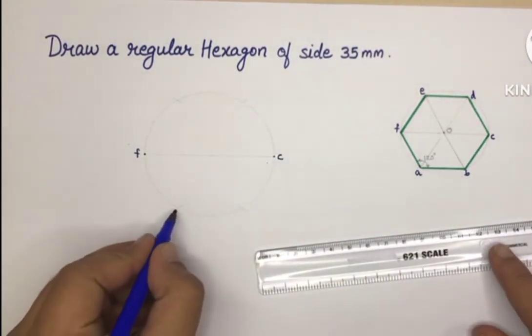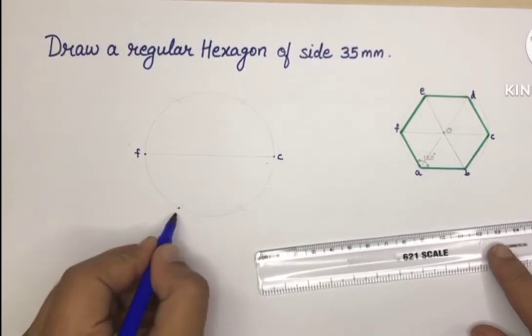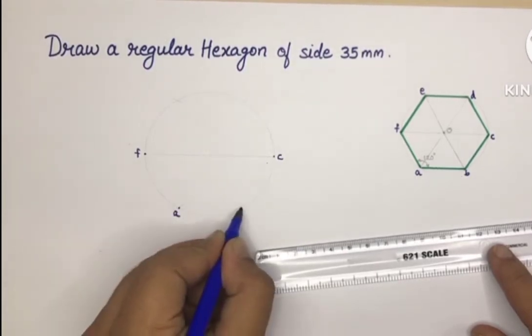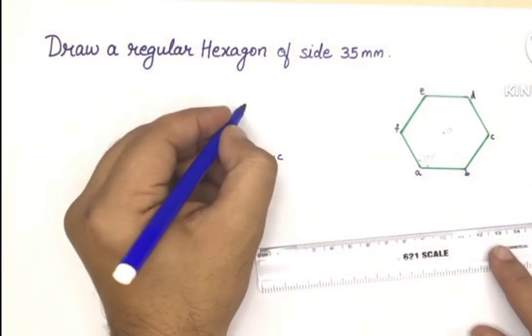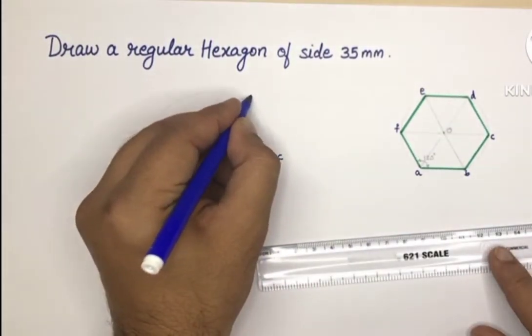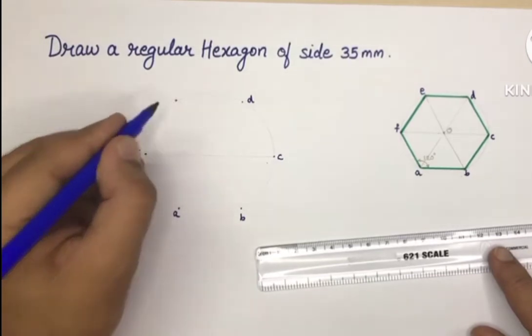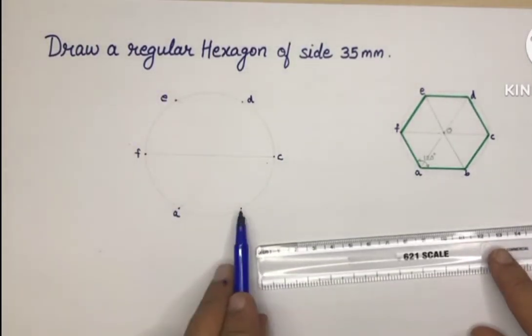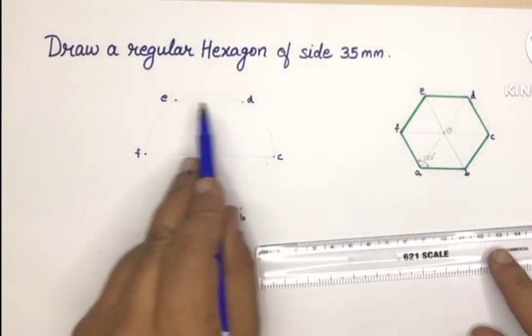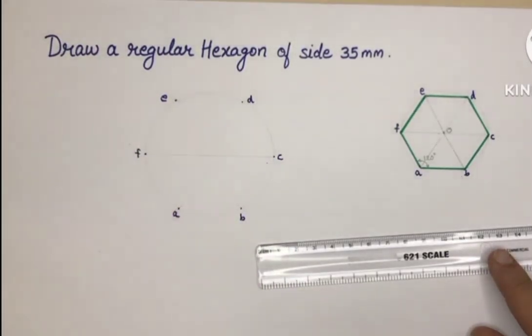These arcs will give point A, B, we already have C, and point D and point E. Connecting all these 6 points together by straight lines, we get a regular hexagon.